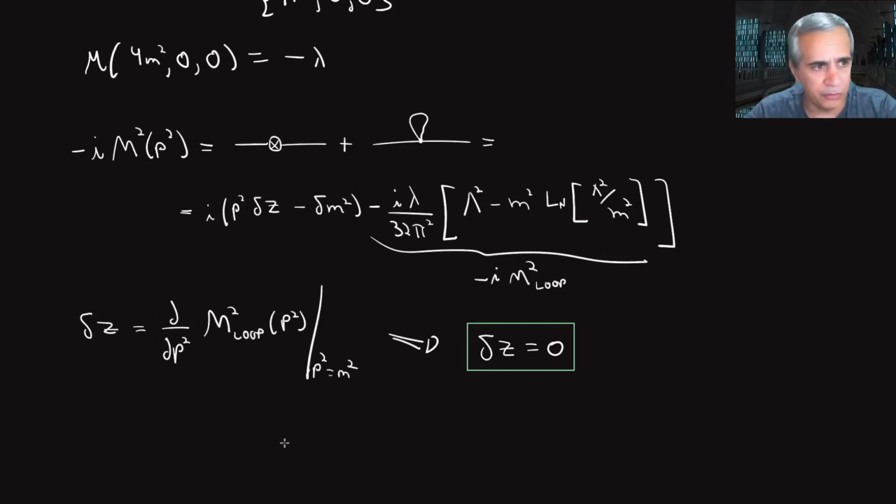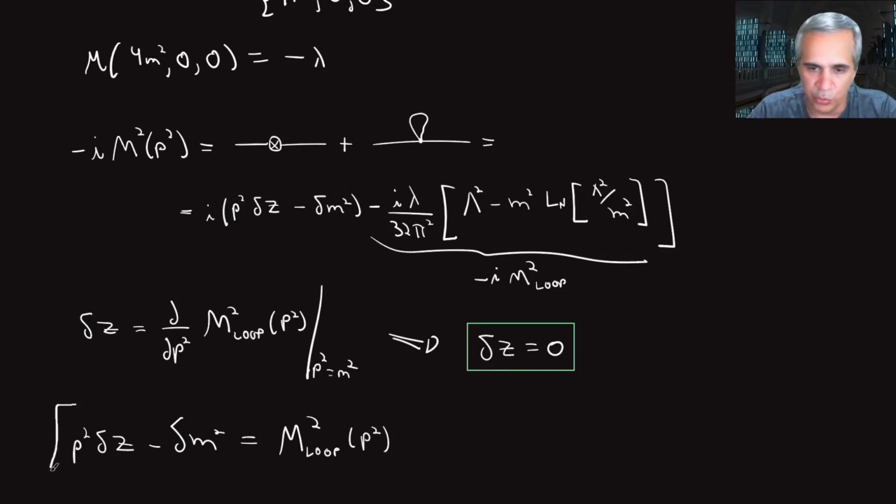Now, the second consequence: you also had a renormalization condition for the mass, which looked like this. So p squared delta z minus delta m squared should be equal to m loop squared of p squared, and this is true only at p squared equals m squared.